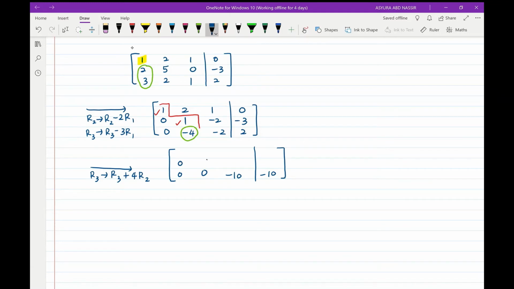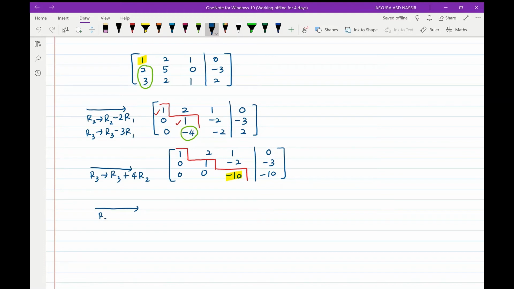Then rewrite 1, 2, 1, 0. Continue, next step is check your ladder. So we have the ladder here, and in the next row, negative 10 should be 1. So now you can divide by itself.